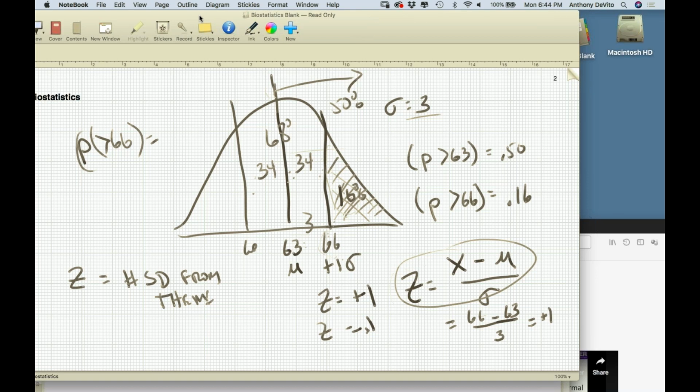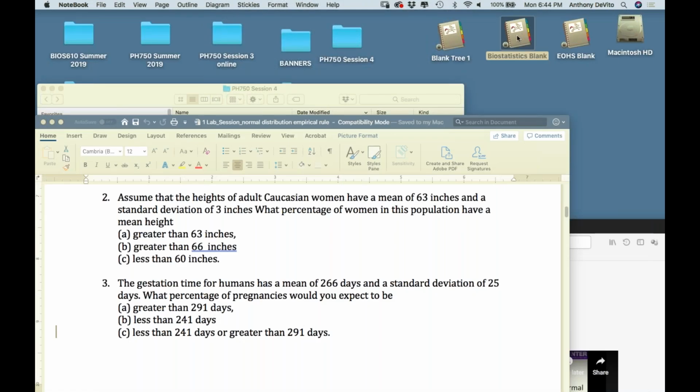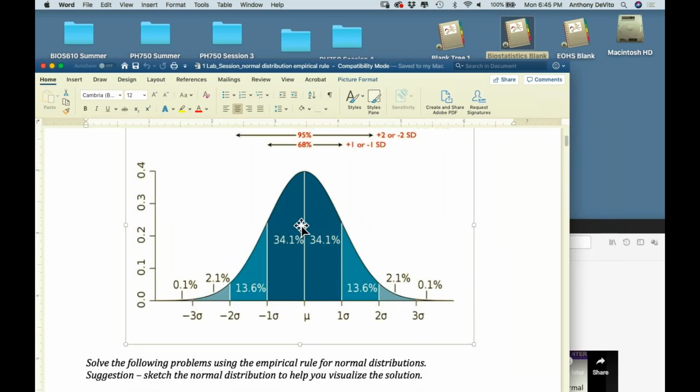Where did I get 68%? Remember that we said our empirical rule? Oh, that's the part you're interested in. Okay. Remember our empirical rule. Actually, I have it here in this document. Our empirical rule tells us that in the normal distribution, 68% of the population is between one standard deviation below the mean and one standard deviation above the mean. 95% of the population is between two standard deviations above the mean and two standard deviations below the mean.